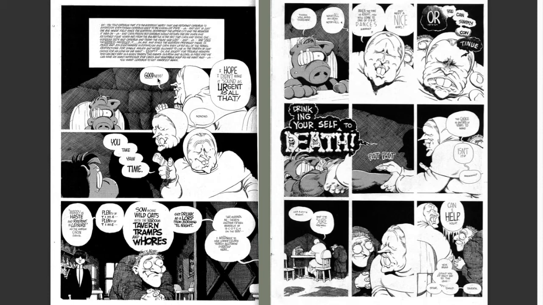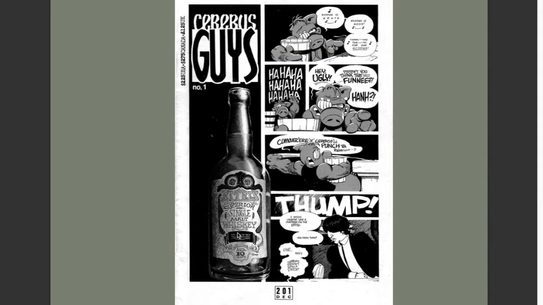And then she begins to assert it in a different way, now that she starts to accuse him of sowing his oats with tramps and whores and things like that, and drinking himself to death, which she puts in this very expressive lettering, which is slightly comedic, but her demeanor is cruel, so he's really playing around with trying to get you to feel this character very directly. And there's Dave Sim doing that. He does that all the time.